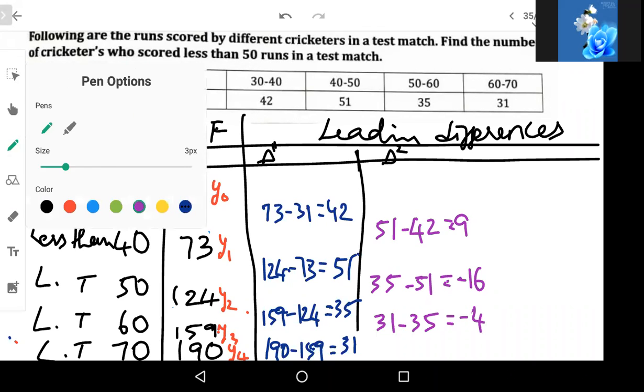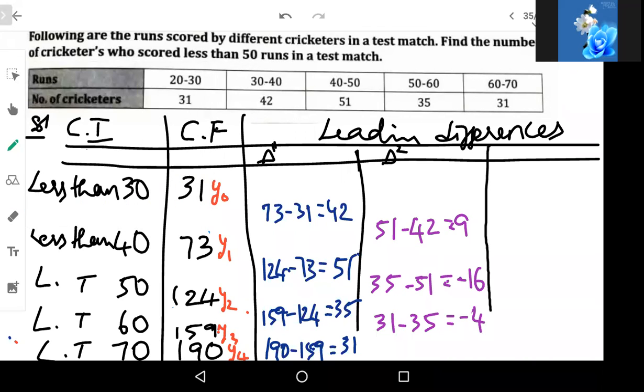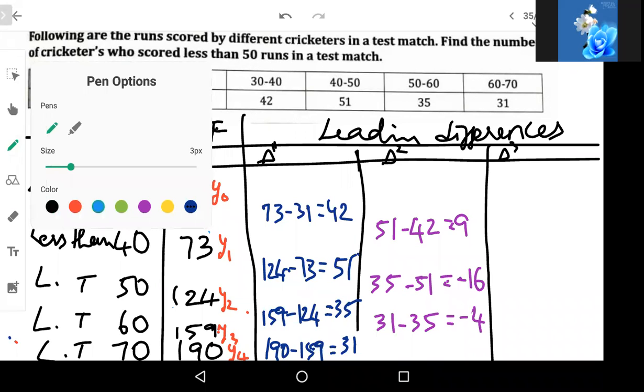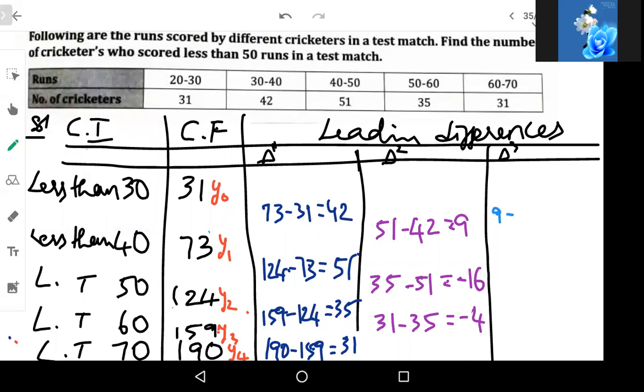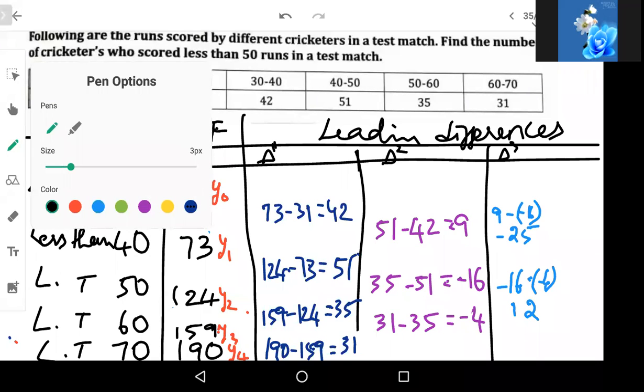So this is the second leading difference. Now coming to the third leading difference, the difference between 9 and minus 16 will give you minus 25, and minus 16 minus of minus 4 will give you minus 12. That is the next leading difference.